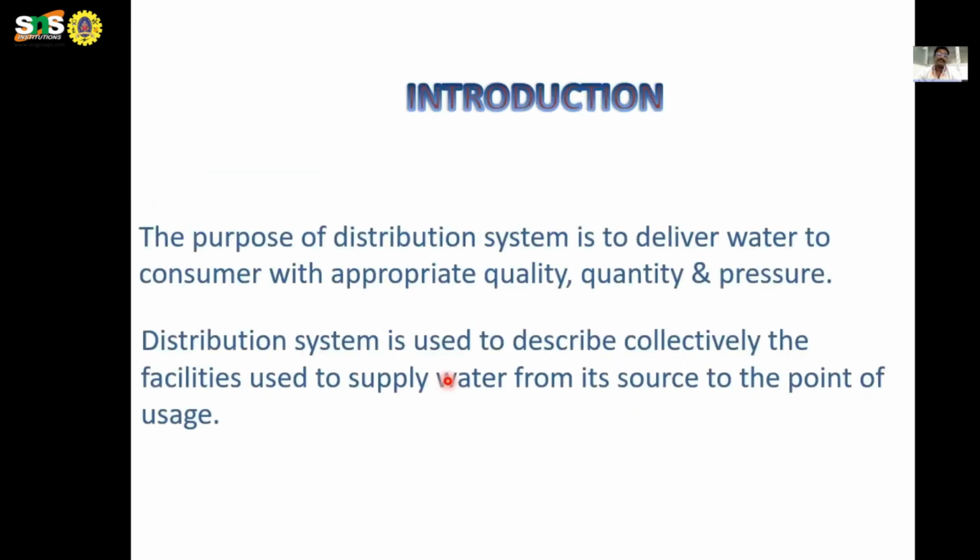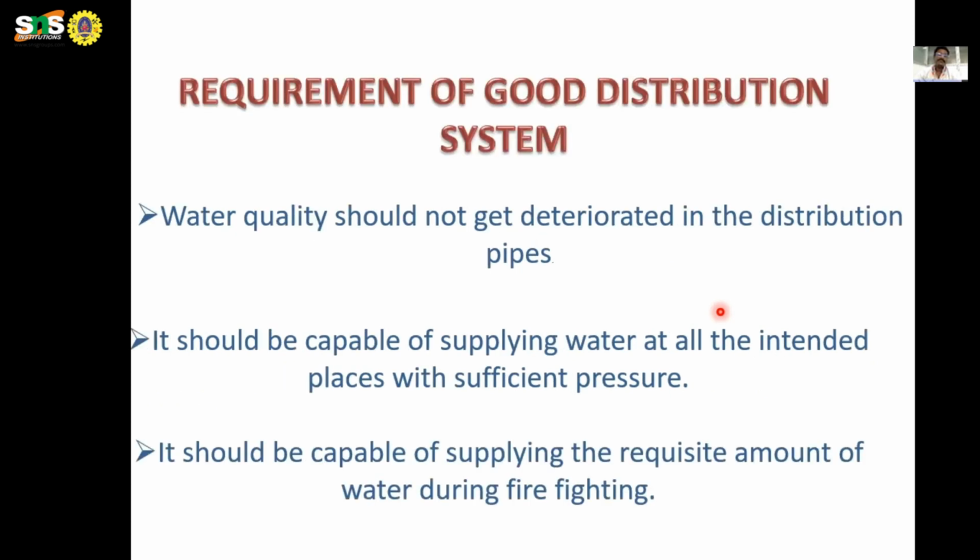The purpose of a distribution system is to deliver water to the consumer with appropriate quality, quantity and pressure. The distribution system is used to describe collectively the facilities used to supply water from its source to the point of usage. So what are the requirements of a good distribution system?